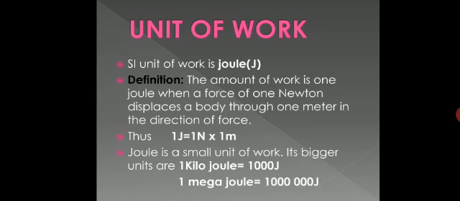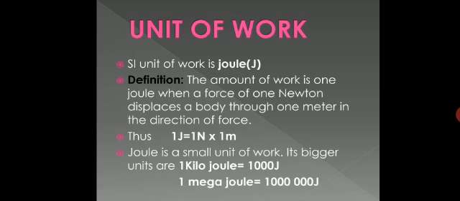As work is the product of force and the displacement, the work done will be the product of Newton and meter, the unit of force and the unit of displacement.